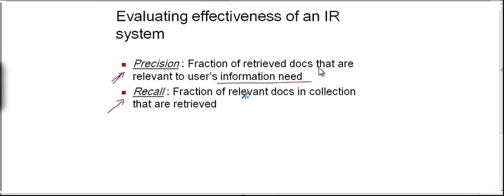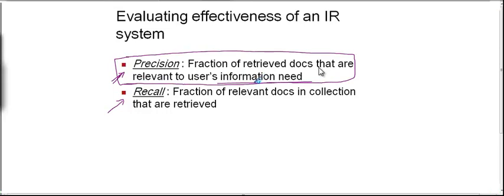They could be based on certain calculations which end up being, even if somebody types in a query like drug abuse, you may get something like substance abuse or cocaine abuse in a document that is returned in the result, because those phrases are deemed as relevant to your information need. So precision is something that a user has to decide. So there is some subjectivity here in calculating whether or not a particular document is relevant to you.